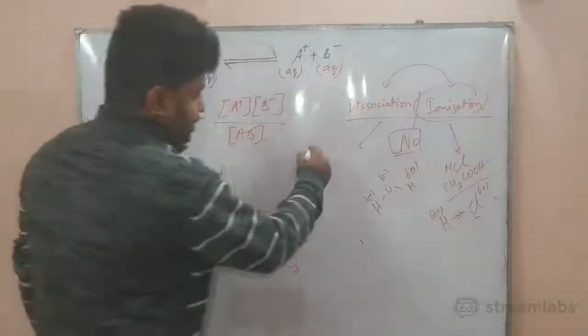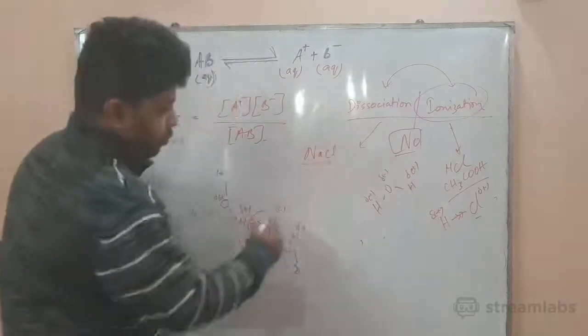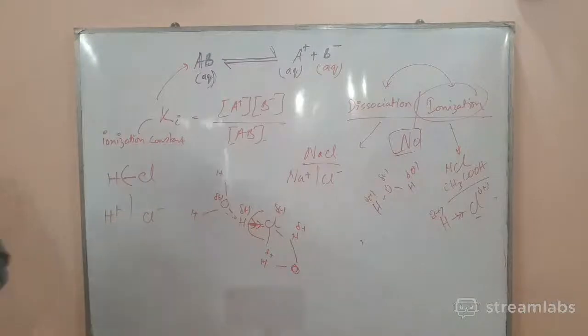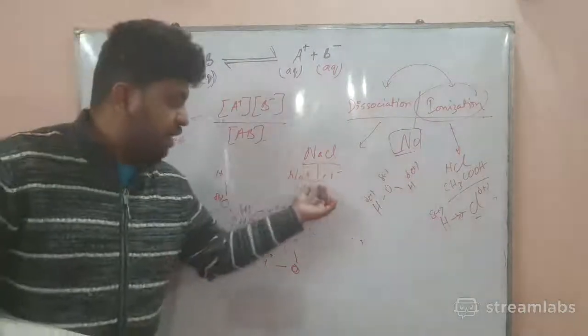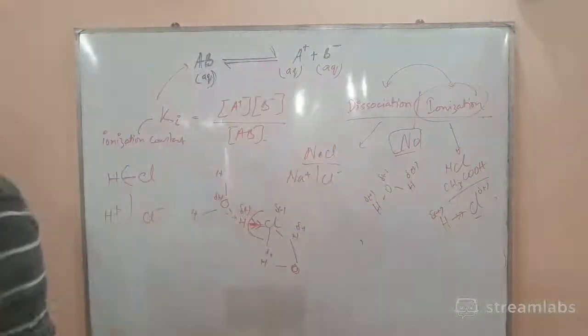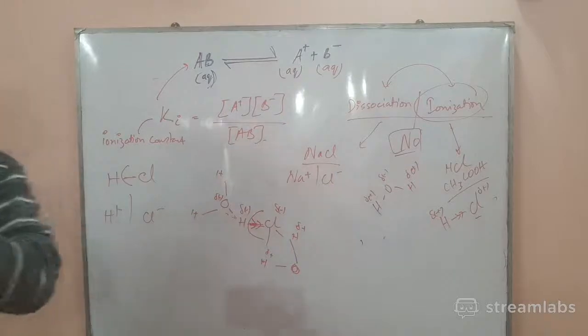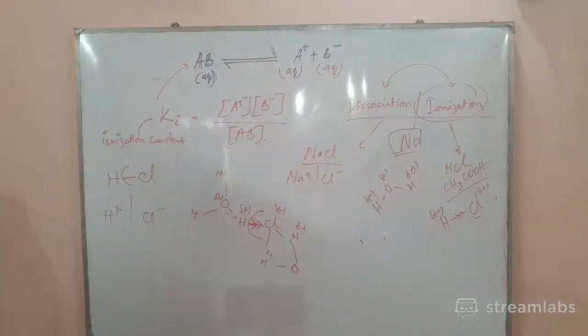But in case of NaCl, Na plus and Cl minus are already existing inside NaCl in the crystal structure, right or wrong? When you dissolve NaCl, the ions in the crystal start dissolving inside water and break down from the crystal.